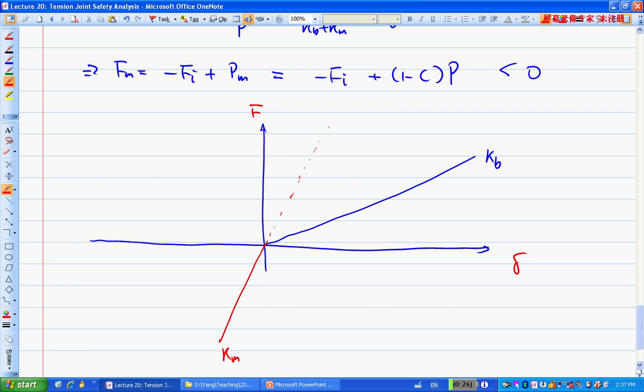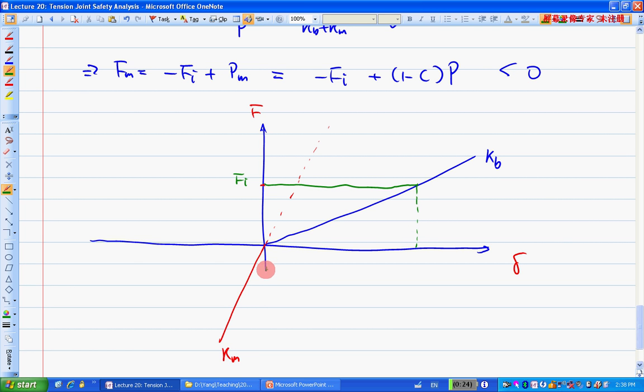Initially, without any external load, we have this Fi preload applied. So let's say Fi is here. Fi will cause a certain amount of deflection.